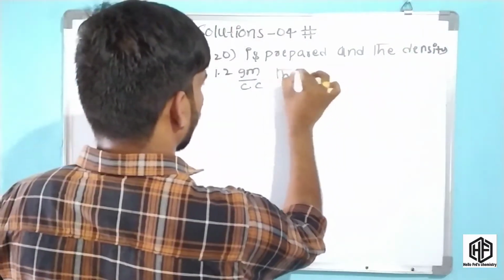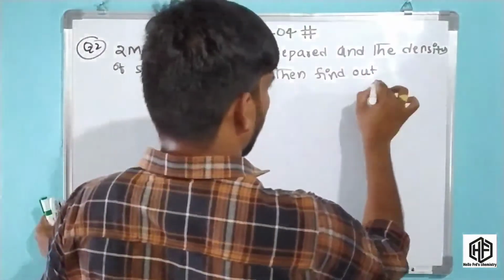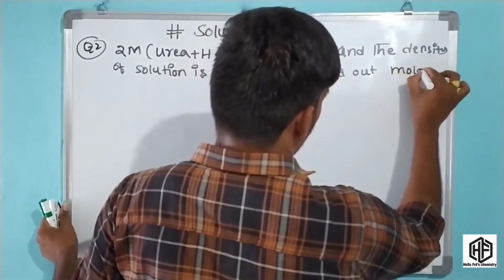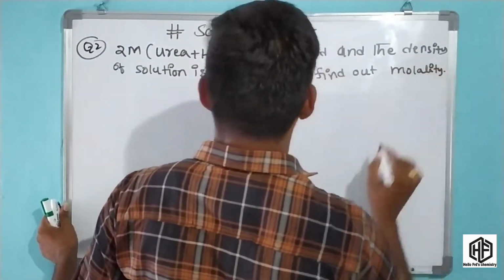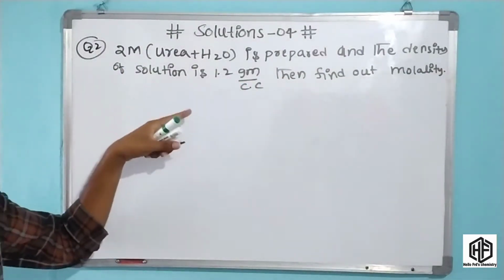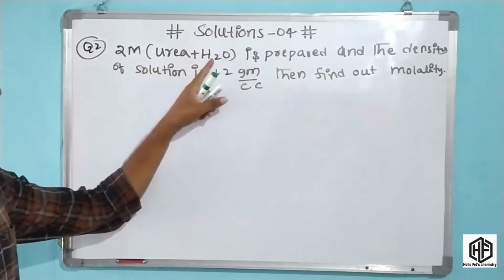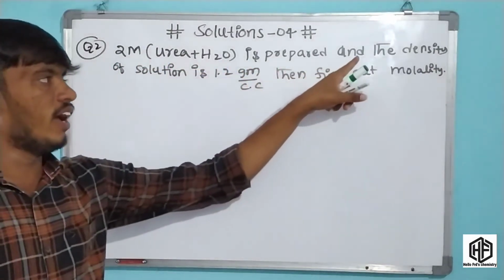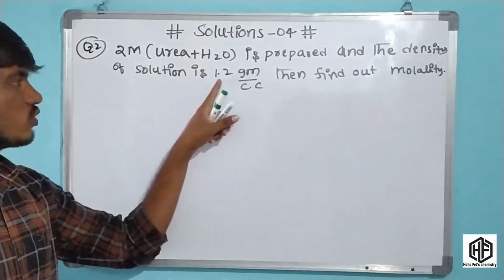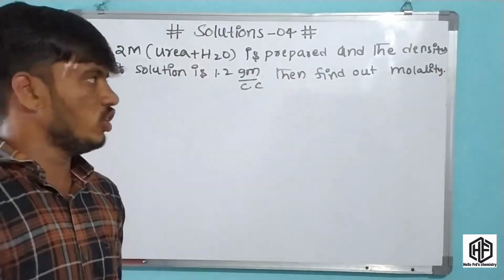Then find out the molarity. Okay friends, these types of questions are asked in exams. So how do we calculate them? This is a 2 molar urea plus water solution, and the density of the solution is 1.2 grams per cc. Then find out the molarity of the solution.